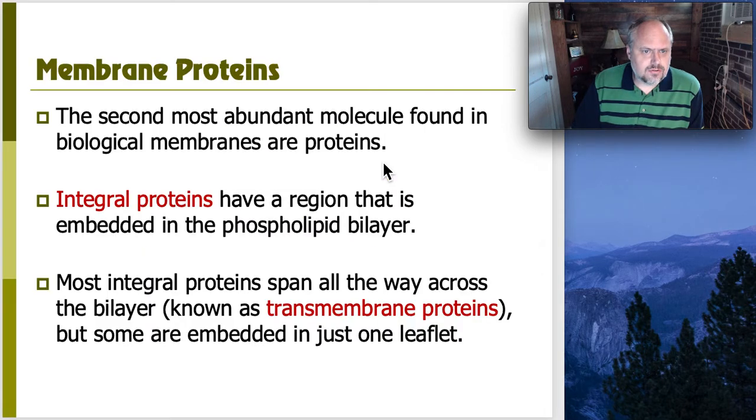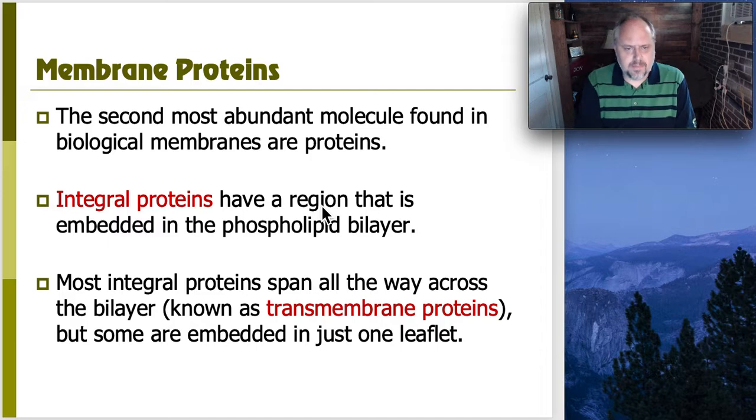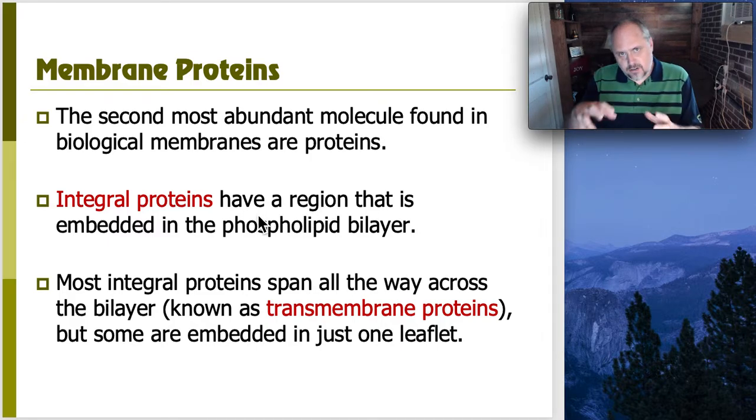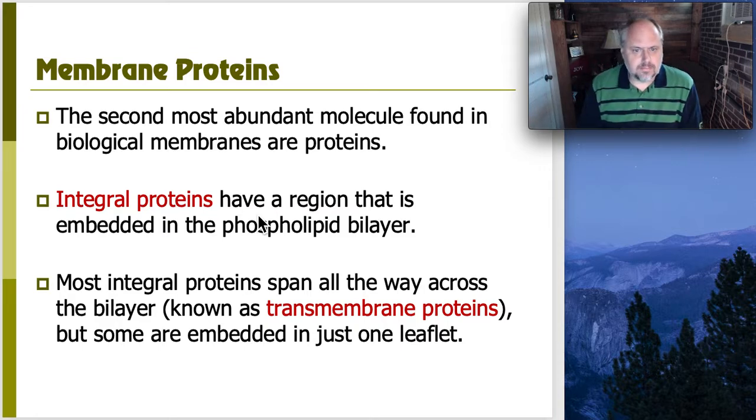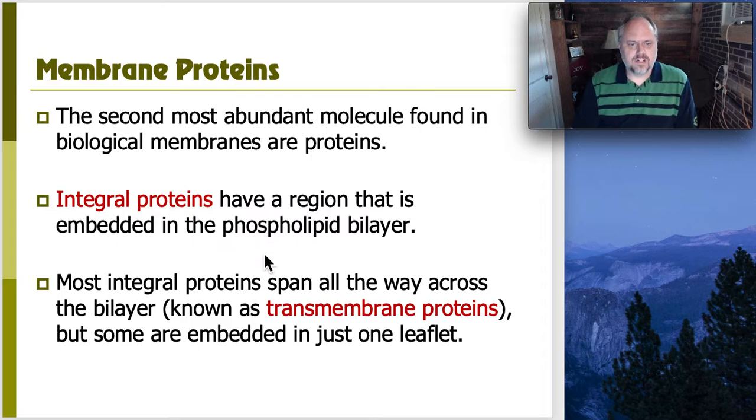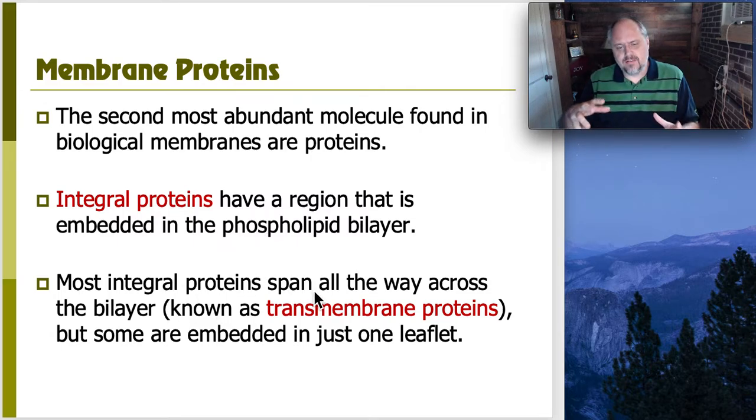As far as a structural level goes, the first kind of membrane protein that we have are what are called integral proteins. These are proteins that are actually integrated and embedded into the phospholipid bilayer. Most of these are going to go all the way across, so you're going to have an outer portion and an inner portion relative to the cell.